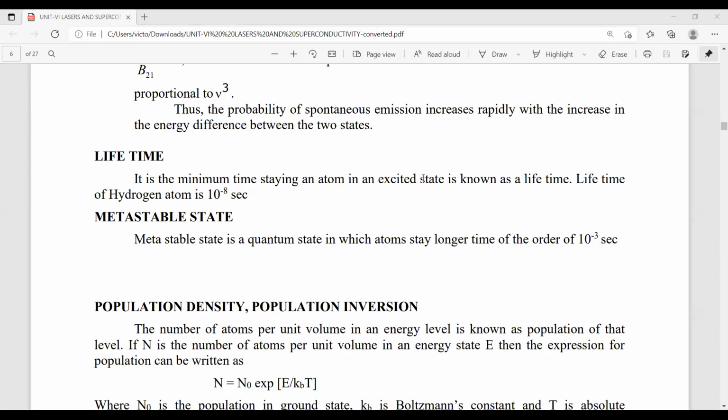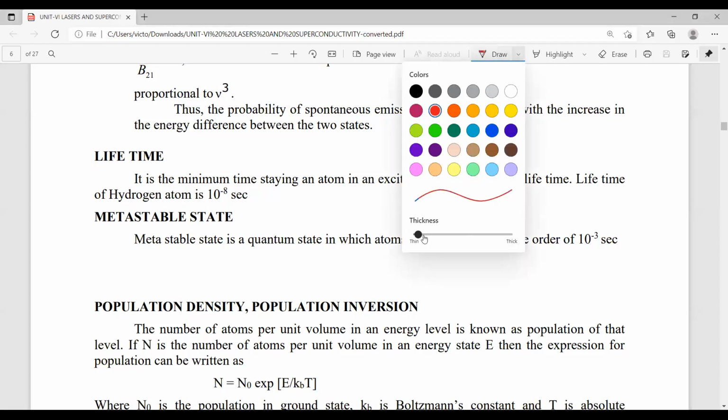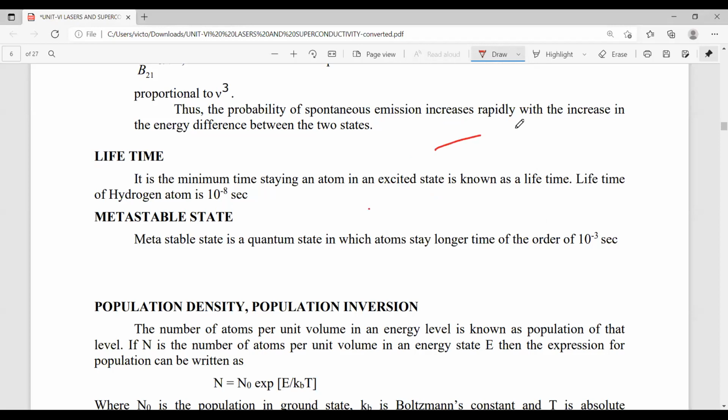What is a lifetime? Lifetime is also something we have to study in the case of spontaneous emission. For example, here there are two energy levels, E1 and E2.